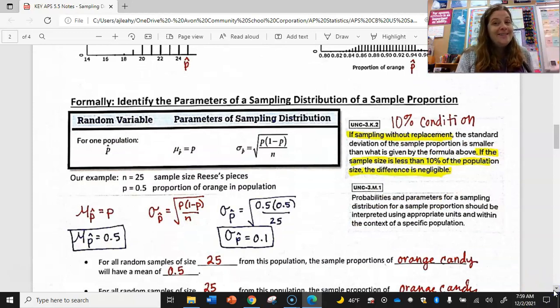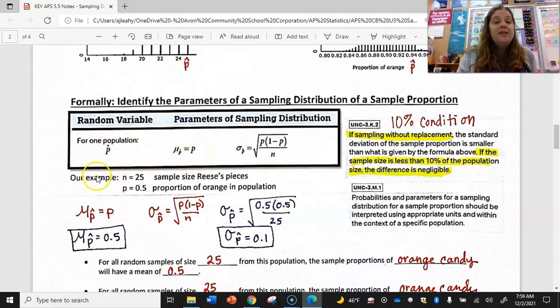Now, what's cool about this is if we know a couple things. So first off, if your sampling distribution is approximately normal, if you could find the mean and the standard deviation, then you can find probabilities using normalcdf. So here's what we know, that for a random variable p hat for one population, and this is on your formula sheet, the mean of p hat is p.